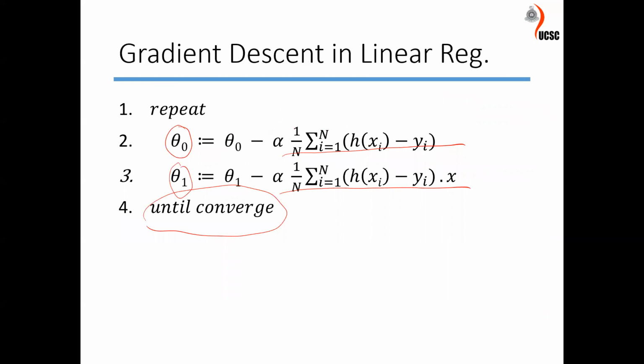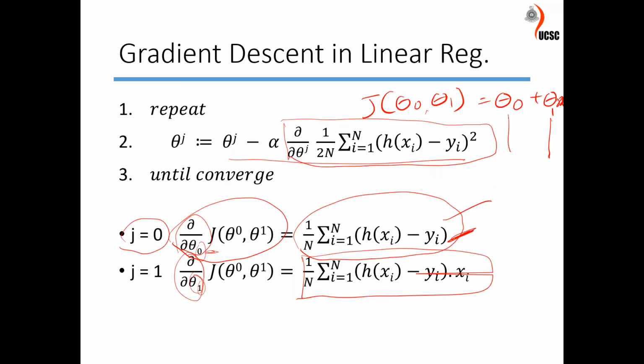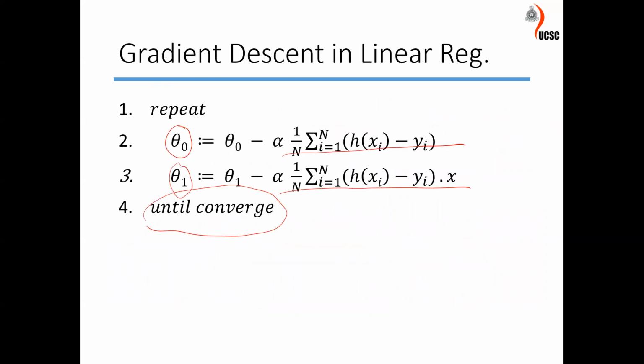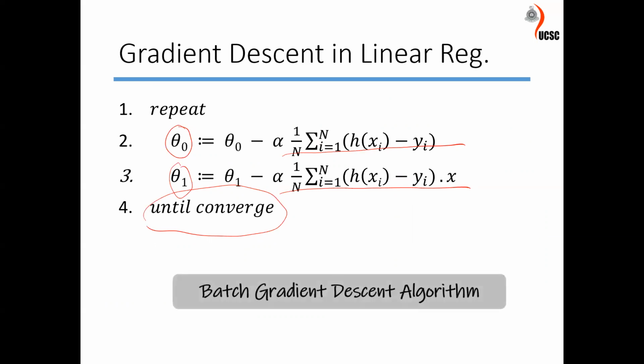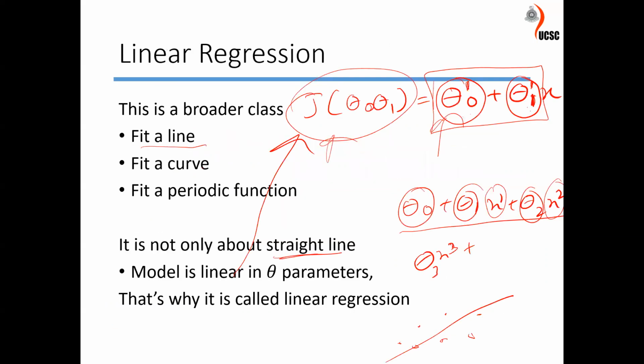Don't worry about the mathematical parts, we know you are not very familiar with the mathematics, but keep in mind that you have to do partial derivatives to update theta naught and theta 1. If you have more values like theta 2 and theta 3, you have to do the same thing. We can discuss that in the next lecture.